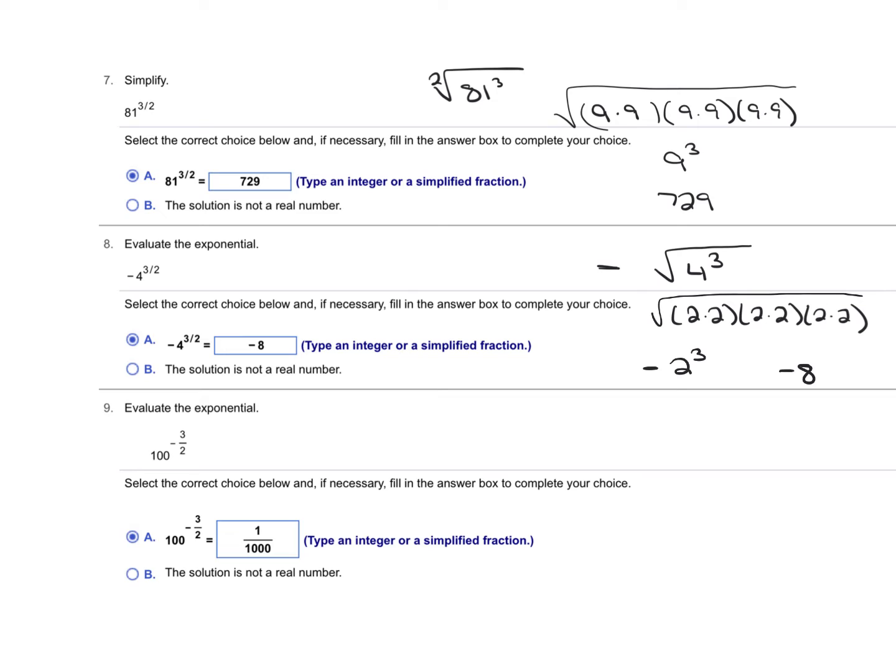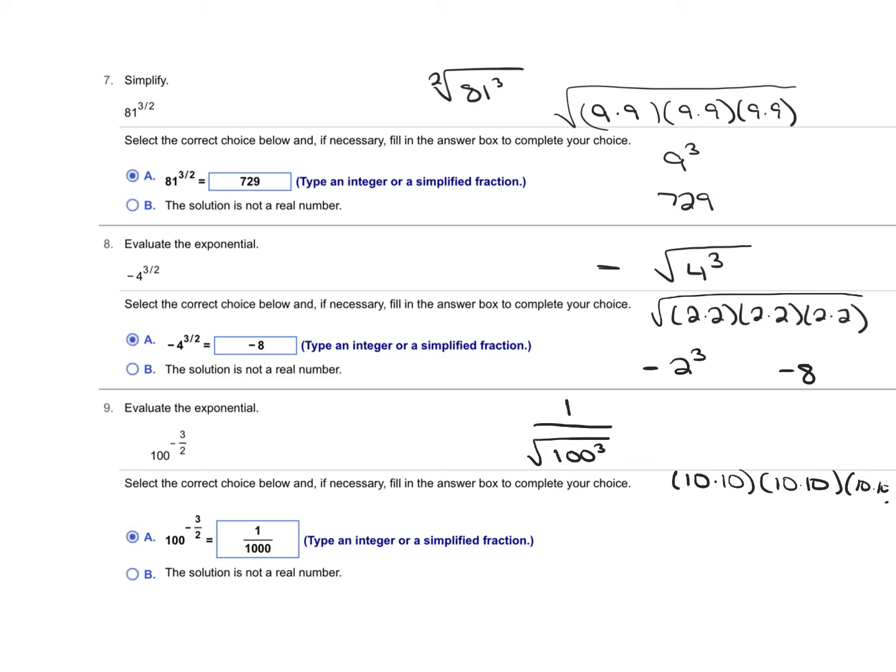100 to the negative 3/2 power. Remember that that just means it's on the wrong side of a fraction bar. So now I have the square root of 100 cubed. 100 is 10 squared, and I have that 3 times.